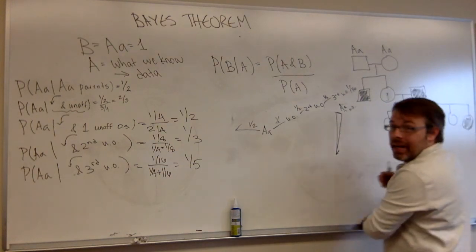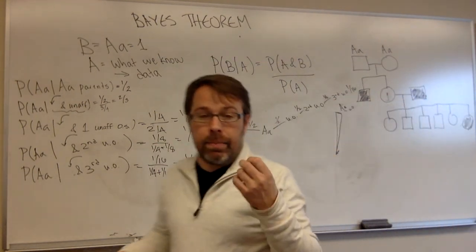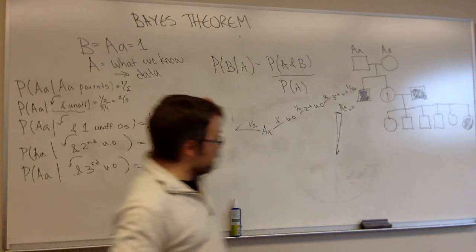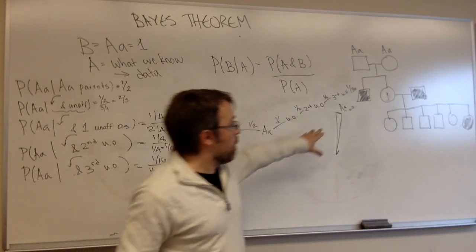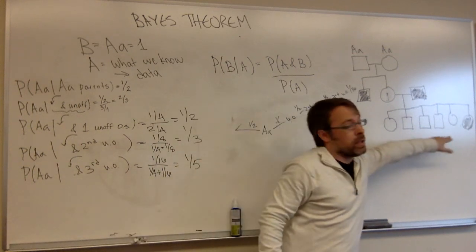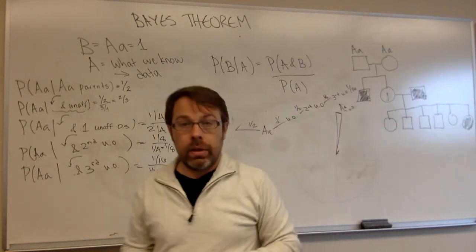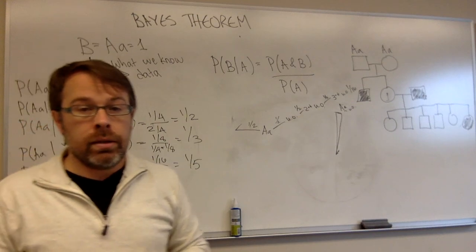Once we have data that rejects the big A hypothesis, because now this individual cannot be big A, we become confident that despite all these unaffected offspring, this individual is big A, little a. Thanks.